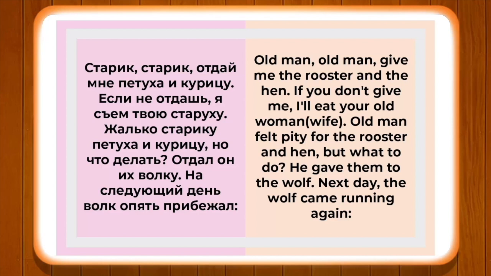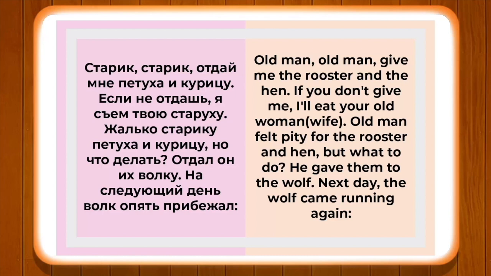That means the wolf is saying, old man, отдай. Отдай is from the verb отдать, that means to give. Мне, me. What is петуха? It is rooster. И курицу. So give me that rooster and hen.